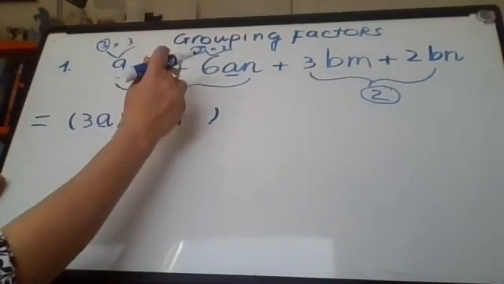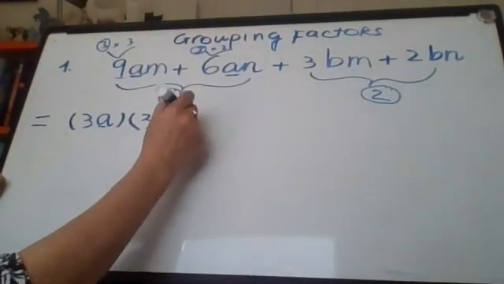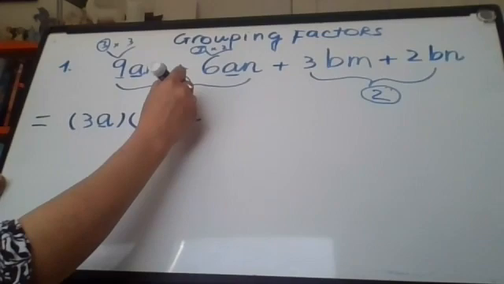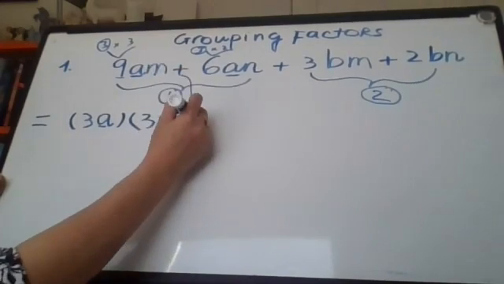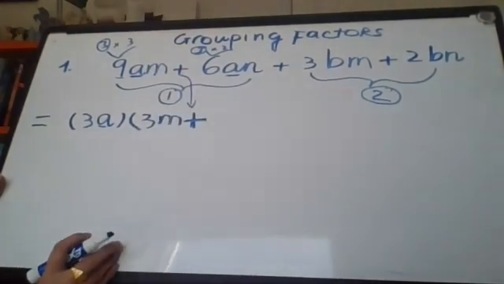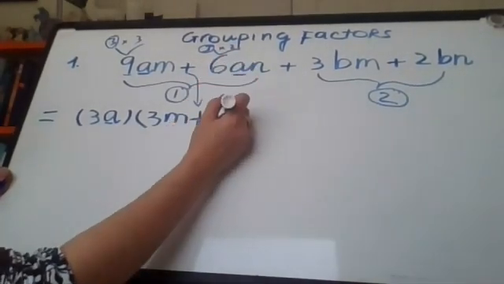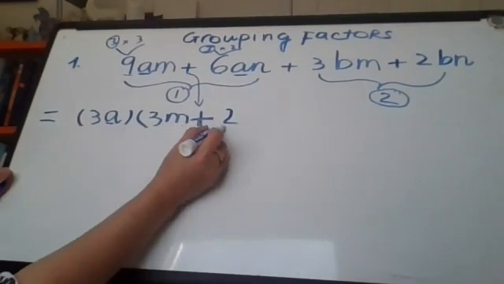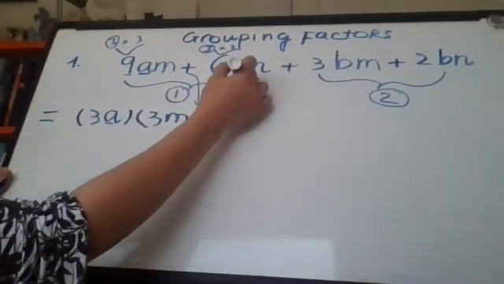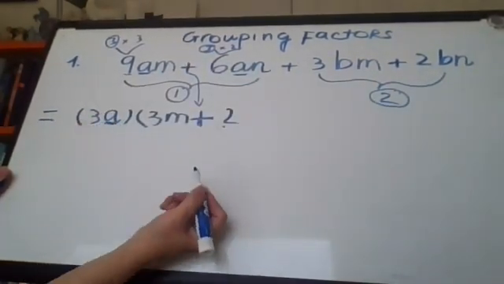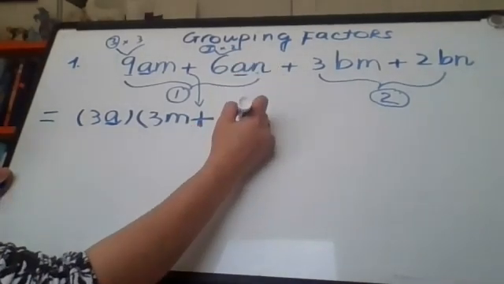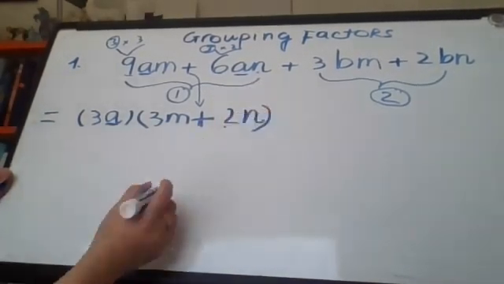Next, I'm going to put the plus sign from here, right? From here, put it here. Make sure you have a sign between the terms, right? So the plus sign. What number do I put in here? 2, because 3 times 2 is 6, right? A, I already have A here. I don't need to put it, just the N. Now I close the bracket.